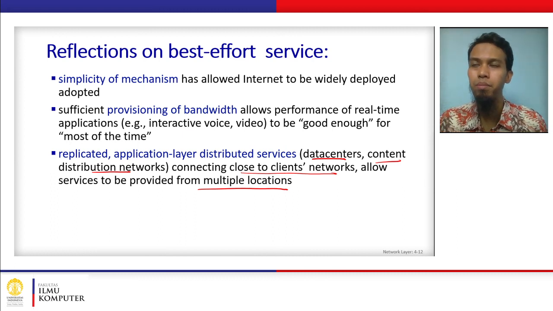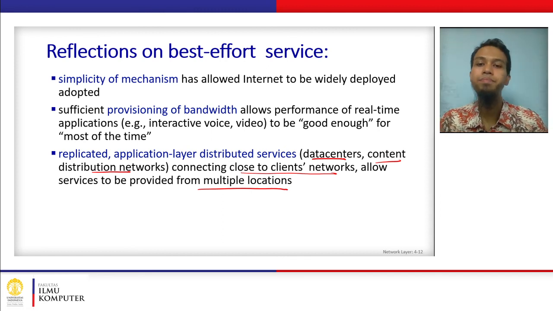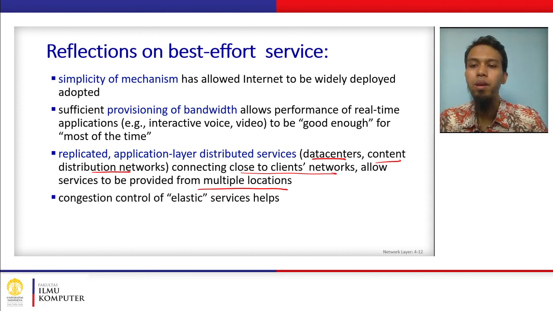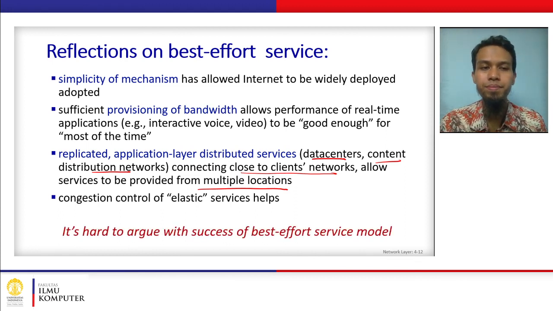An Indonesian user can access the server from Singapore or maybe from other Asian countries. All right, and the congestion control of elastic services helps. We can implement congestion control for elastic services, and elastic means non-real-time services.